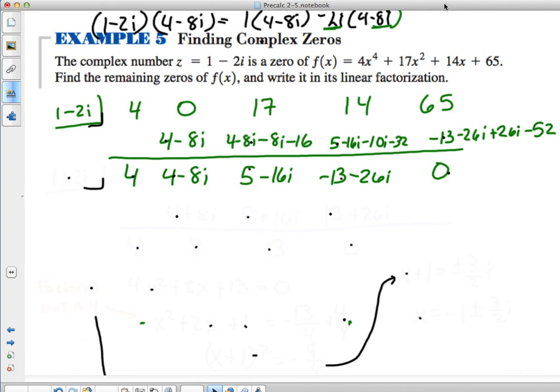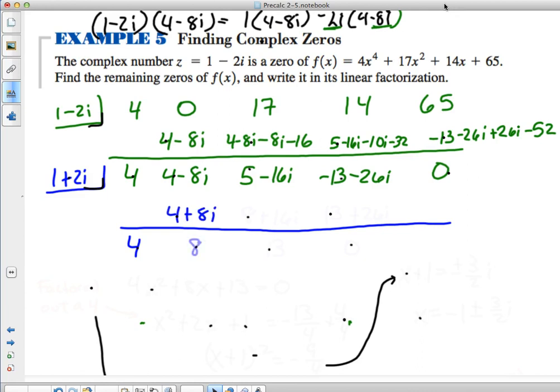But now the next one, because of the conjugate, I got to go 1 plus 2i. This one's much easier because it ends up starting to clear out everything. So I'm looking at 4 times 1 plus 2i, so I got 4 plus 8i. So now I got 8 as my result as we get going, maybe. And I'm going to multiply 8 times 1 plus 2i, which is 8 plus 16i. Well, 8 plus 5 is 13, and the 16i's knock each other out.